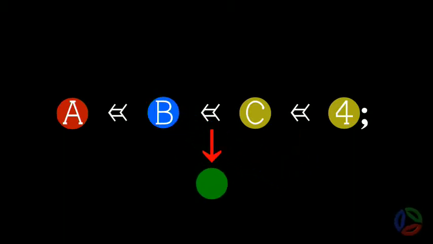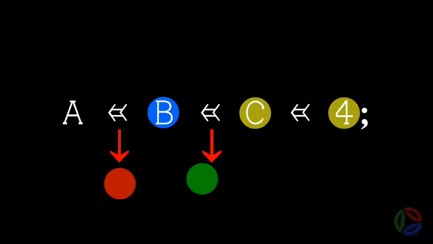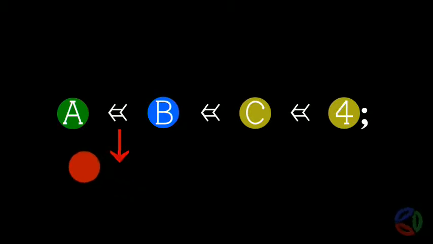Next, B's original value is written to A. But before this is done, A's original value is read and is returned by the assignment operation. Finally, A's original value is thrown away because it is not used in a subsequent operation.